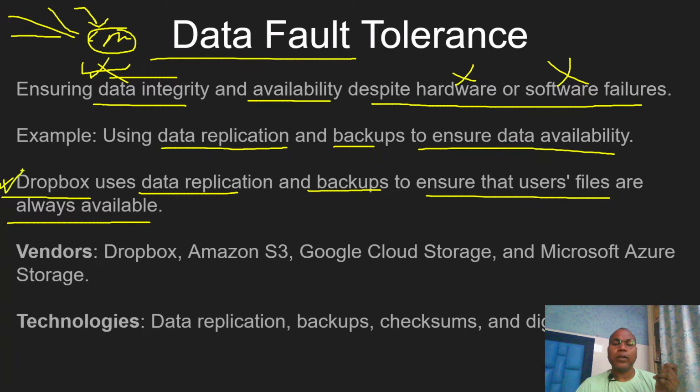So the vendors provide a guarantee: whatever data you are storing will always be available for you. For storing data, files, content, movies, pictures, any documents, you can use Dropbox, Amazon S3, Google Cloud Storage, or Microsoft Azure Cloud Storage. They provide very high availability, data integrity, and reliability to store your data, even if any kind of failure happens.